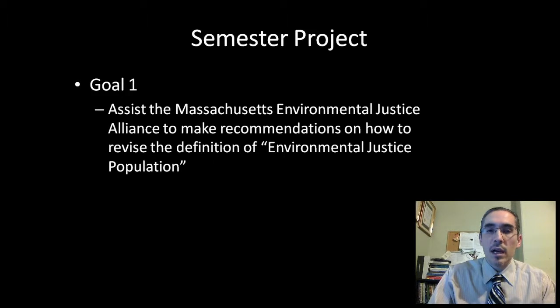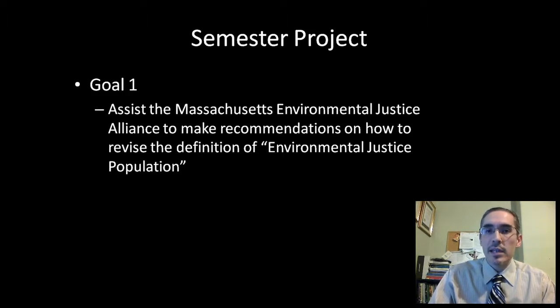And so we're going to be working with an outside organization to look at environmental justice analysis for the state of Massachusetts. And so we've identified two goals that we're after for this project. The first is to assist the Massachusetts Environmental Justice Alliance to make recommendations to the state on how to revise the definition of what constitutes an environmental justice population.